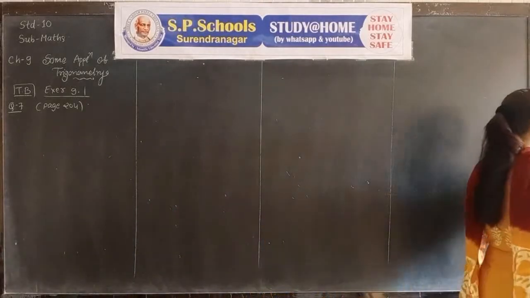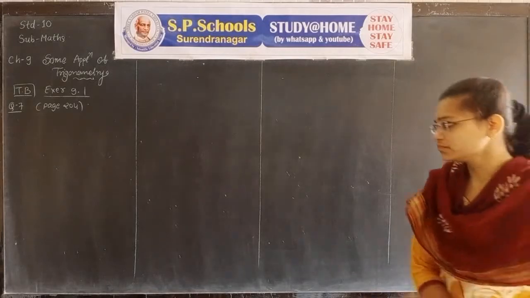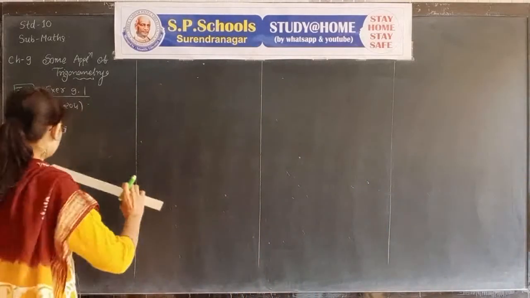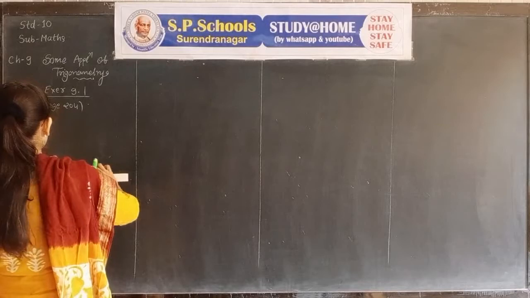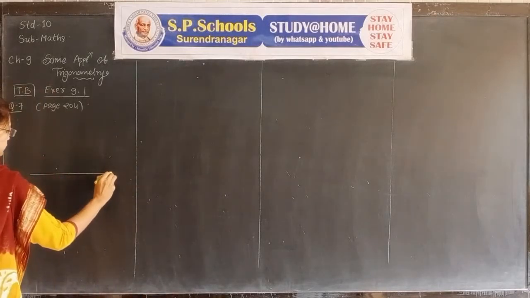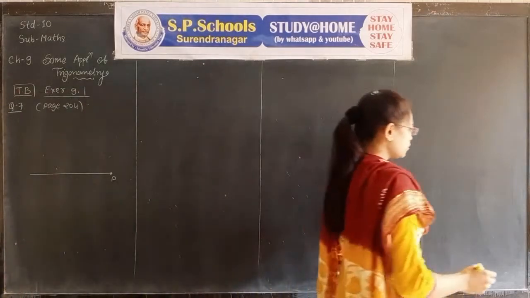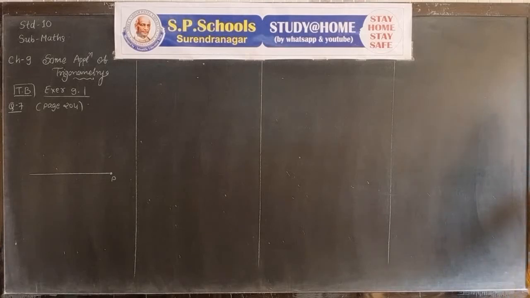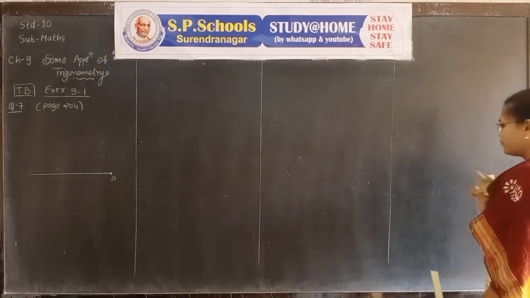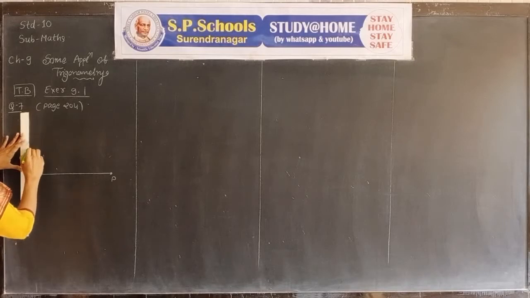First of all, to draw a figure, use scale and pencil. First draw a ground level. From a point P on a ground, let's see the question. One is a 20-meter high building.